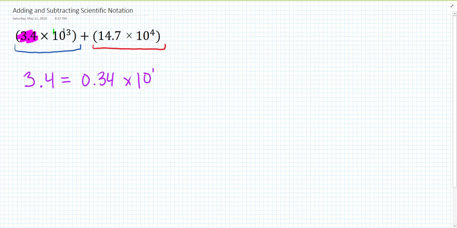So this next part, essentially we're going to multiply times 10 to the power 3. The one in purple here is this first factor, 3.4, and this is just the 10 to the power 3 from before.